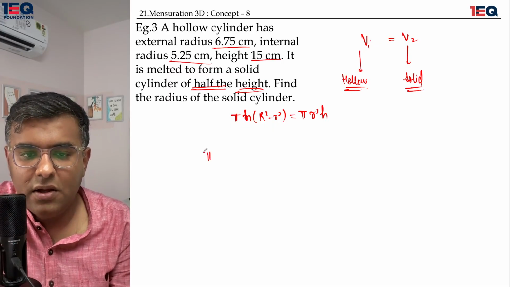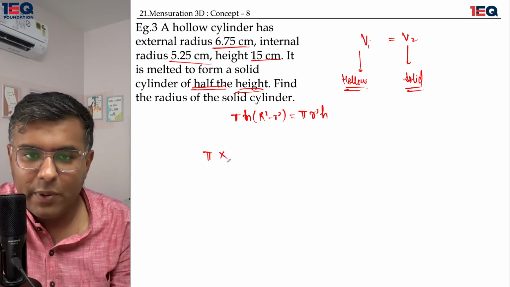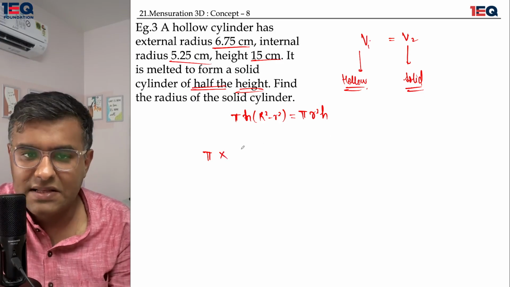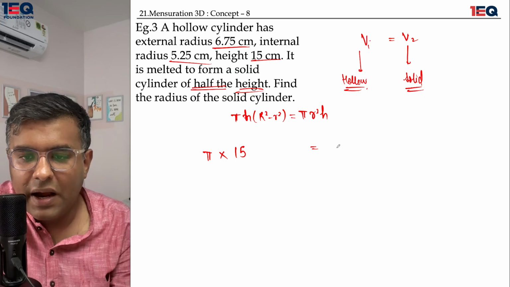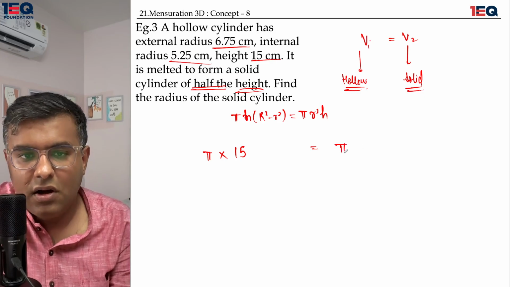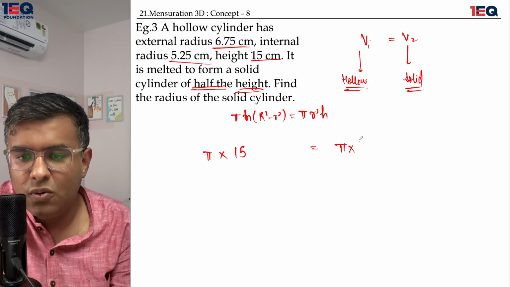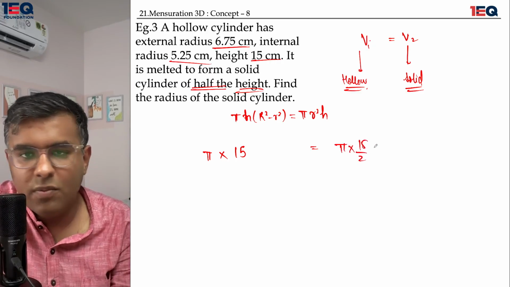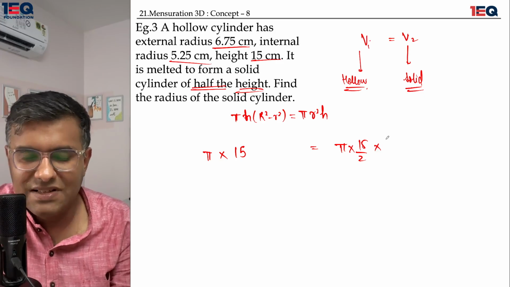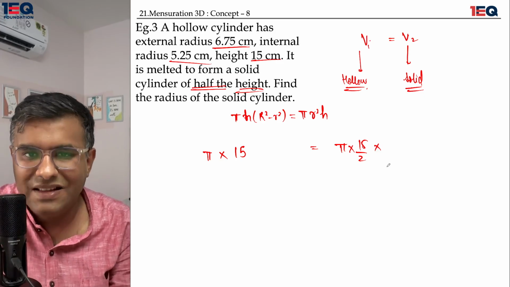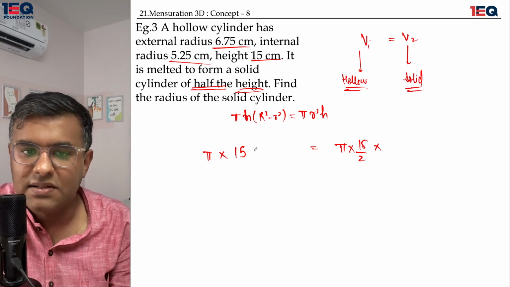I have pi here. I'm not writing it 22 by 7 because ultimately it's going to get cancelled out. The height of this hollow one is going to be 15. The height of the solid one is going to be 15 by 2. I'm not making my smart moves by cancelling out h and h because it's going to be same or half of it. Let things be there so that everybody can understand.